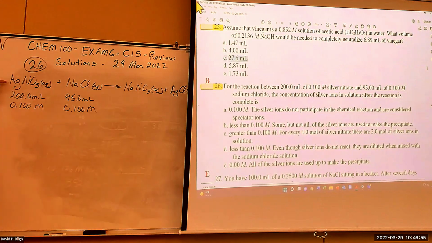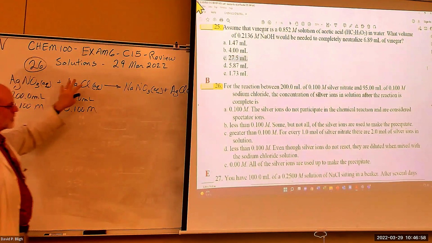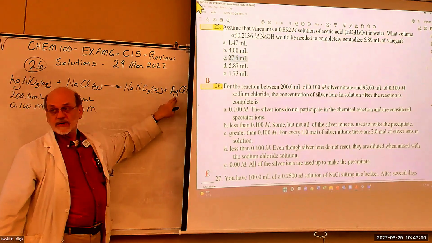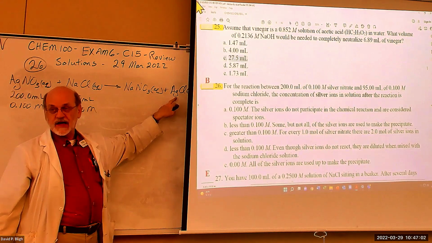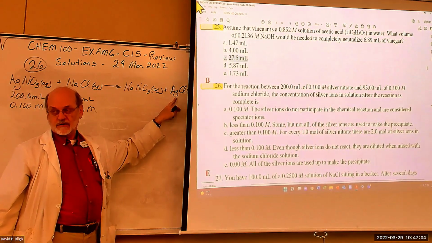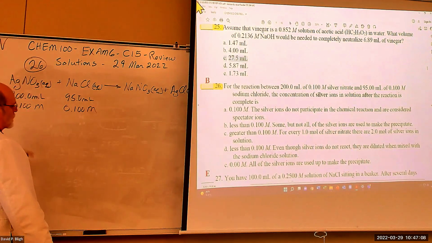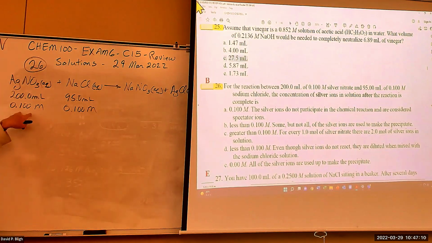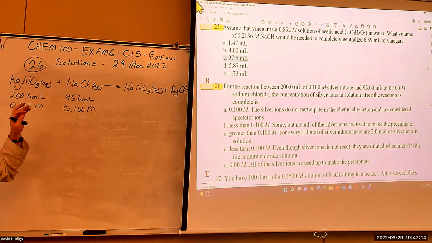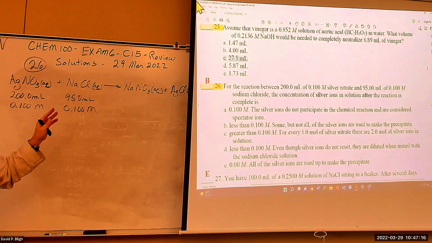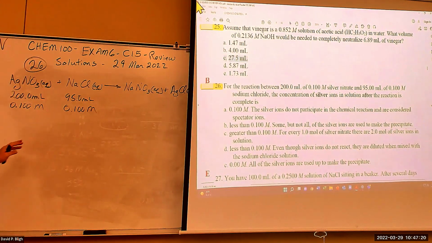You've got silver ions on this side, but when the reaction occurs, some of them end up in the solid. They're not ions in solution anymore. We have absolute amounts of both reactants, which means one of them is going to be limiting. How do we tell?